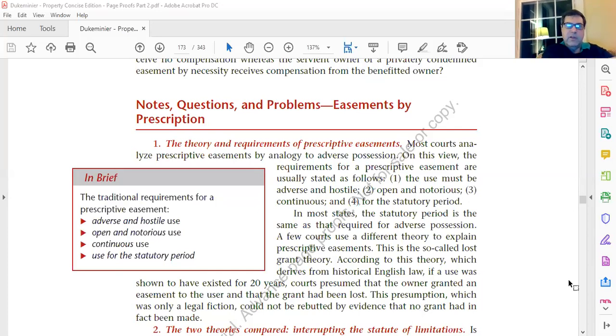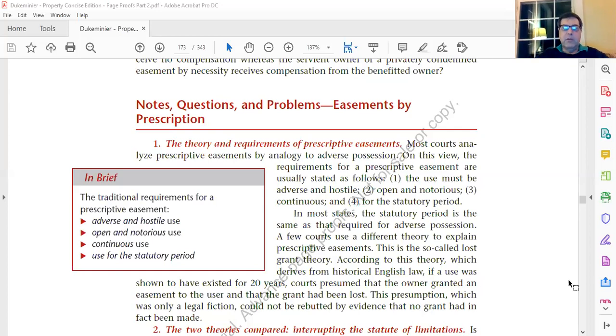And the theory of adverse possession is that the owner has a cause of action to eject somebody who is using their property. But if they don't act quickly enough, the statute of limitations will run and bar the action. And so effectively, that running of the statute of limitations creates a new title in the adverse user.